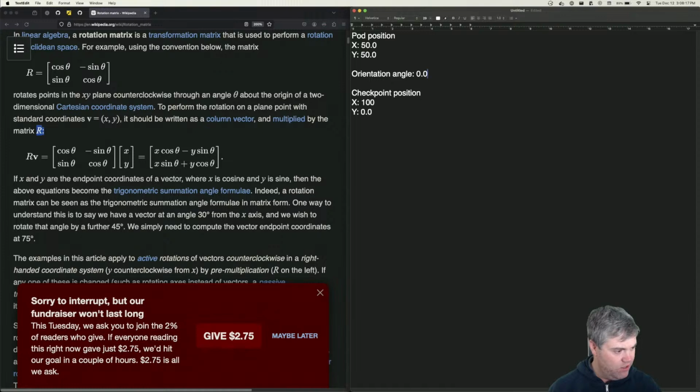You start with 1, 0. What's the 1 come from? Like where, okay, so 0 would be the angle. So, okay, this X and Y is my pod's X and Y. So we would have what?